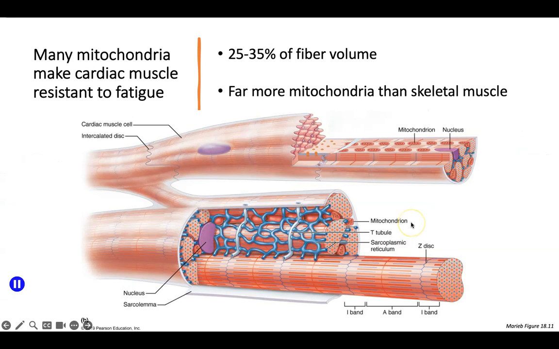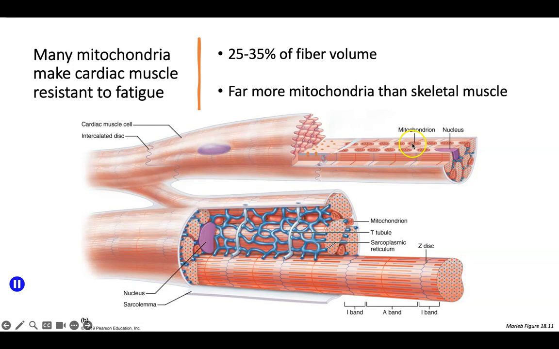When you look within the cardiac muscle fiber, what you're going to notice is it has a lot of mitochondria. So this is going to be far more mitochondria than what you would find in skeletal muscle. That's because these cardiac muscle cells need to be able to keep going. Basically, they have to keep going your entire life.